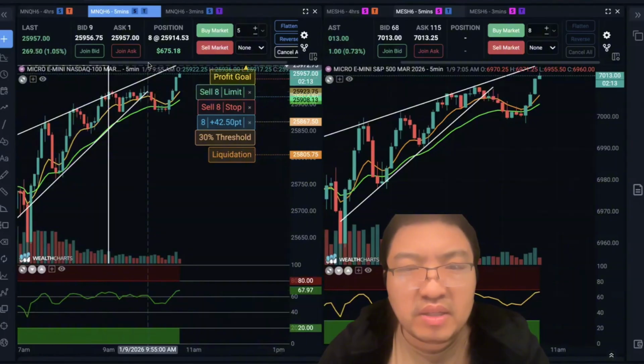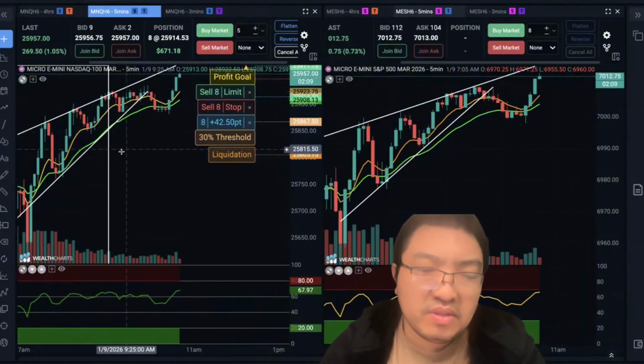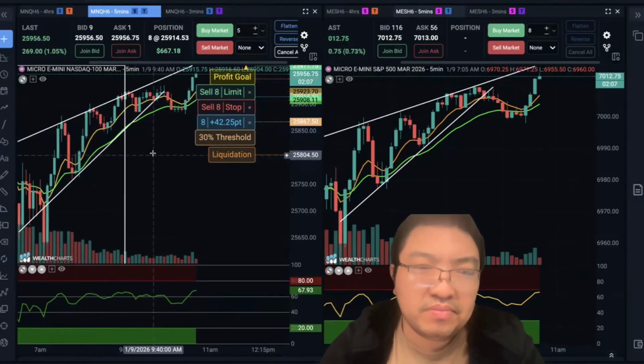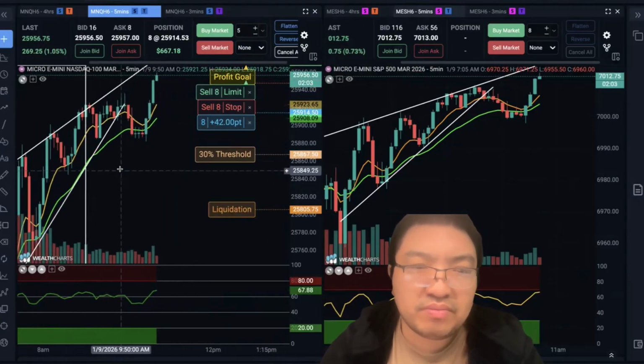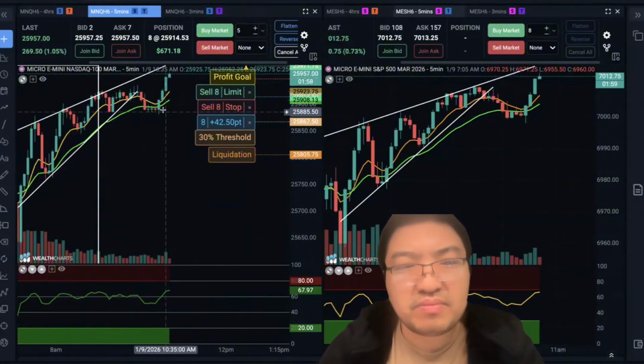Yeah, this is the peak of the upper bound. So when it reaches the upper bound, yeah, think of it as a channel, as a channel, and we'll see.